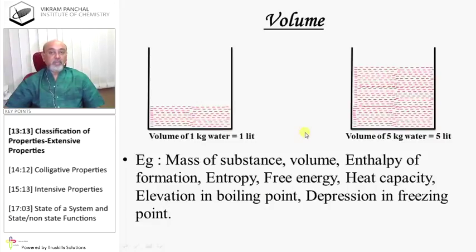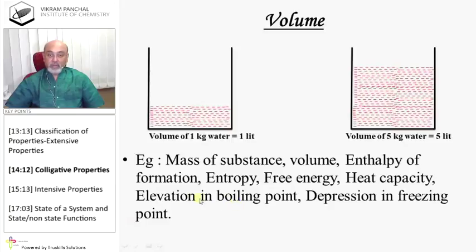Now, when we prepare any solution, the boiling point of solution cannot be 100 degrees Celsius. It is greater than 100 degrees Celsius. So it is known as elevation in boiling point. And if you freeze that solution, even freezing point cannot be 0 degrees Celsius. It will be less than 0 degrees Celsius. So it is known as depression in freezing point.